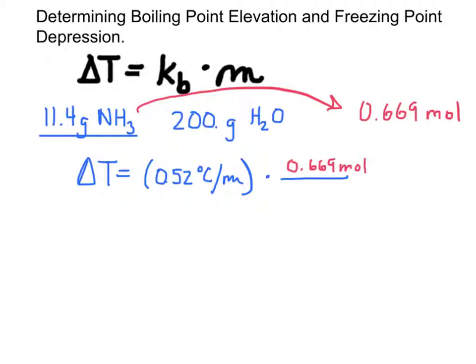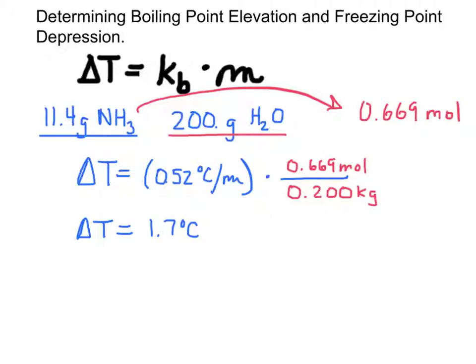And then we want to put the mass of the solvent, water in this case, in kilograms in the denominator. 0.200 kilograms. If I finish out that multiplication, I can see that the change in the boiling point for water for this new solution is 1.7 degrees Celsius.